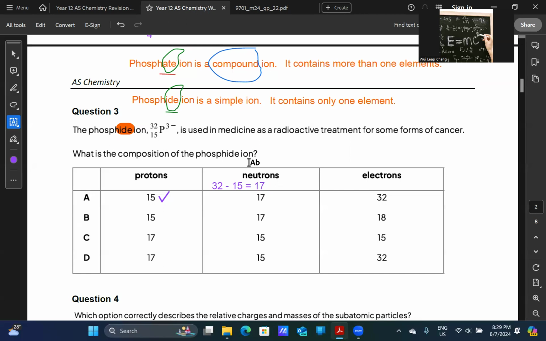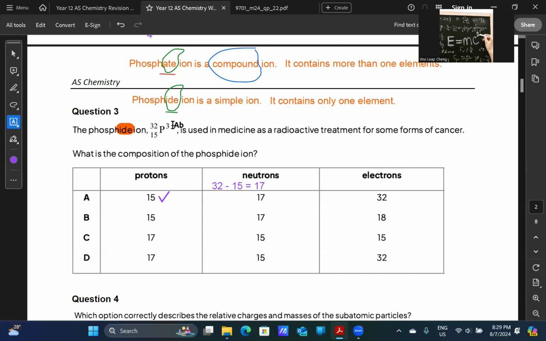But this phosphide ion gains how many electrons? You can refer to the charge. When the charge is negative, it means that the atom gains electrons. If the charge given here is positive, this tells you the atom loses electrons.